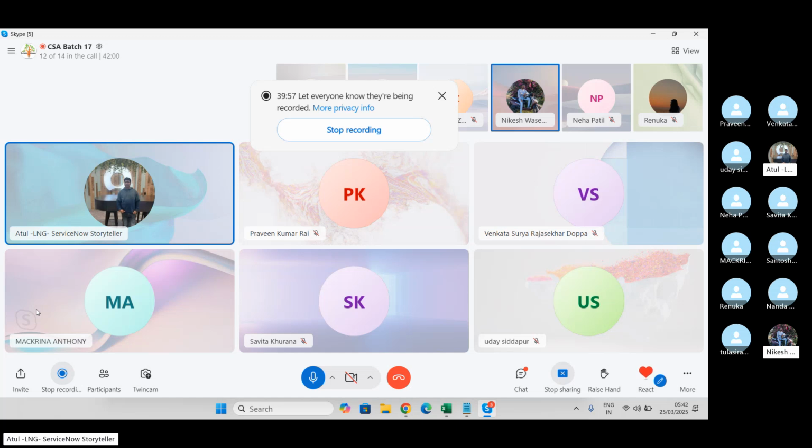Let's take an example. AC is not working. Due to that, you're not able to sleep properly at night. You're getting a little tired in the day. Because you're tired in the day, you're not able to concentrate on your work. Because you're not able to concentrate on your work, you made a mistake in your project. Due to that, there is an escalation.